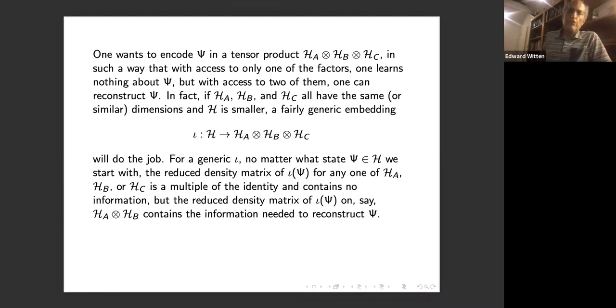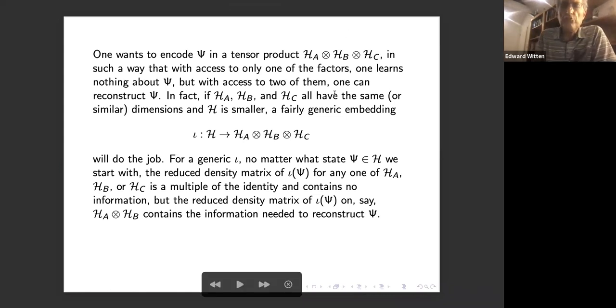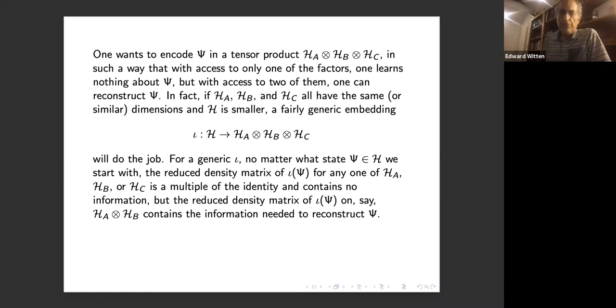In fact, if H_A, H_B, and H_C all have the same or similar dimensions, and H is smaller, a fairly generic embedding of H into the tensor product of the three will do the job. For generic embedding iota, no matter what state psi in H we start with, the reduced density matrix of iota of psi for any one of the three Hilbert spaces is a multiple of the identity and contains no information. But the reduced density matrix on the tensor product of two of them contains the information needed to reconstruct psi.